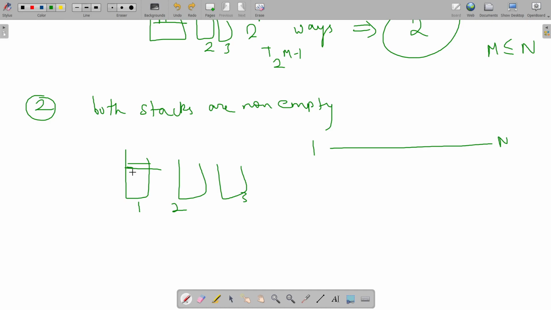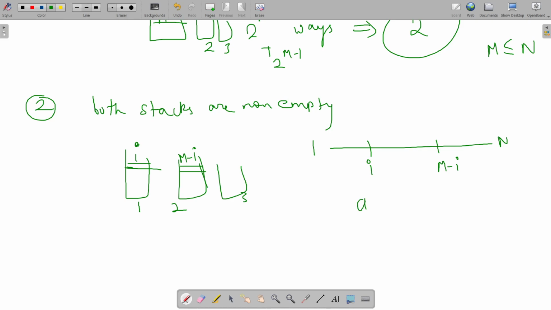So let us assume that the top of the first stack is I. Then can you tell me what should be the top of the second stack? It will be m minus I, because the sum has to be equal to m. So if we look at it on the number line, suppose I comes here and m minus I comes here.